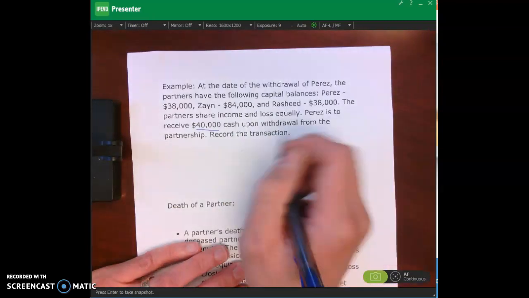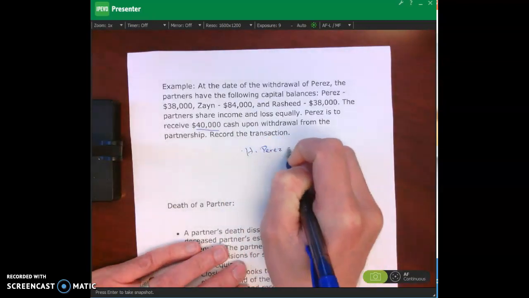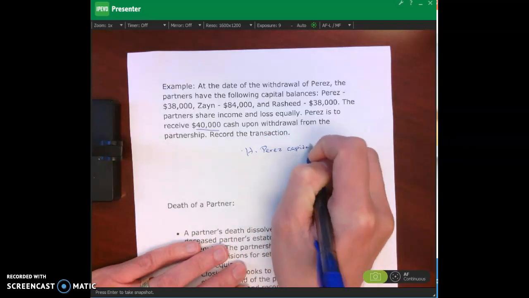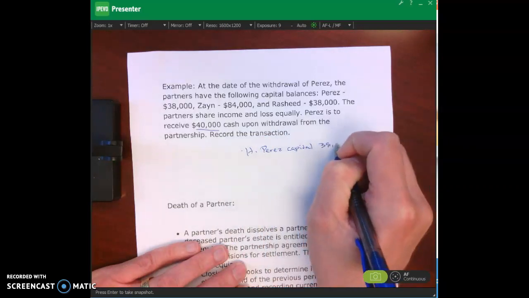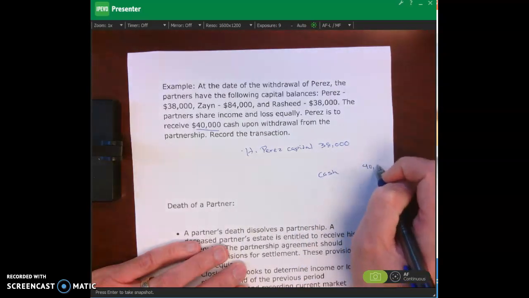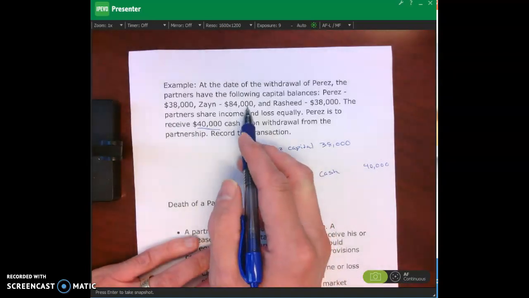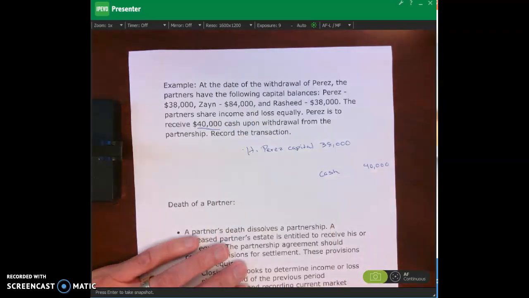We debit H Perez capital for $38,000 and credit cash for $40,000. Now we have to decrease the capital accounts for the remaining partners. How do I decrease capital? With a debit, because capital is equity, and the way I decrease equity is with a debit.